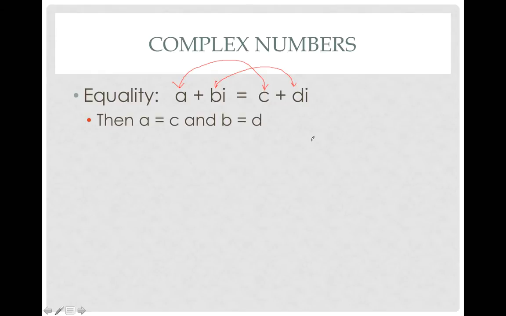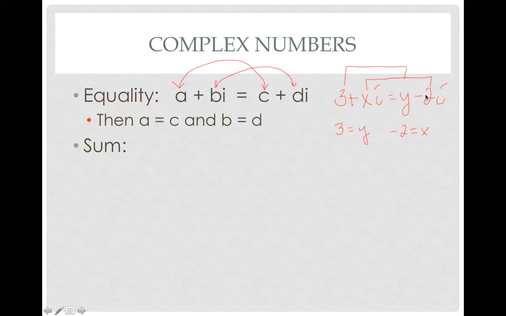Somewhere this would come up is if I had 3 plus xi equals y minus 2i. If these two complex numbers are equal, that means 3 has to equal y, and -2 has to equal x. So we can solve for x and y in a given question like this.